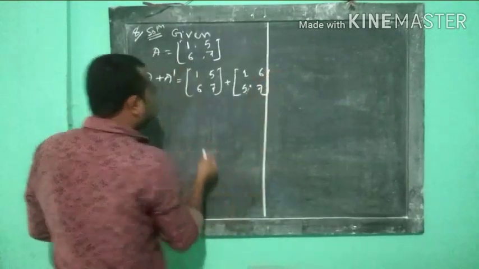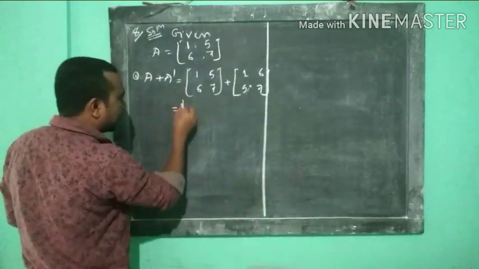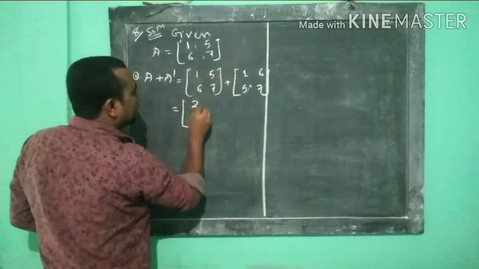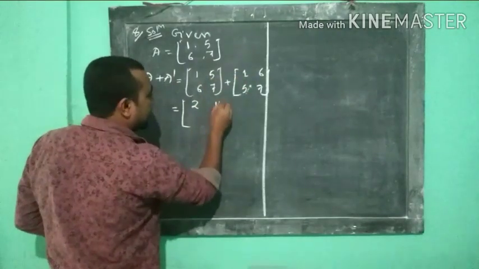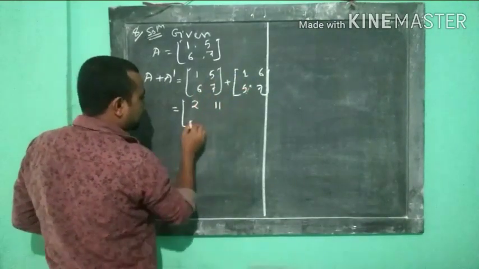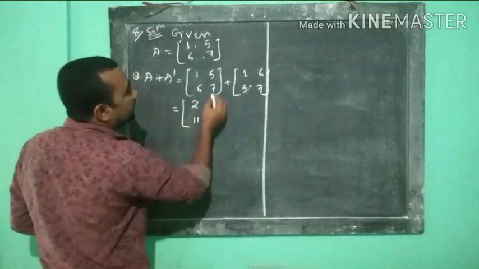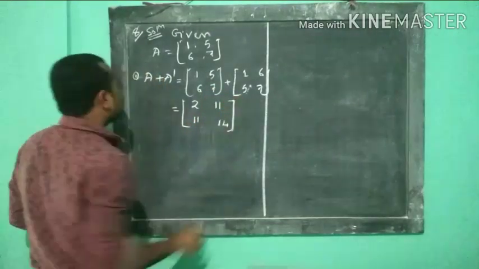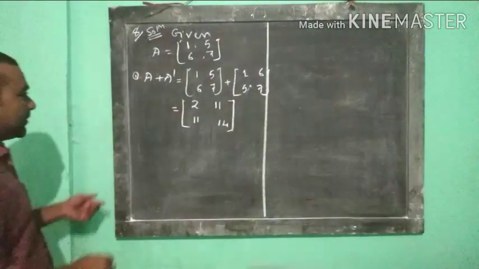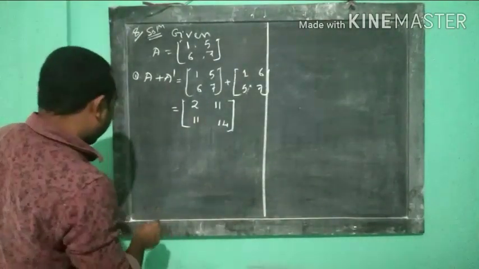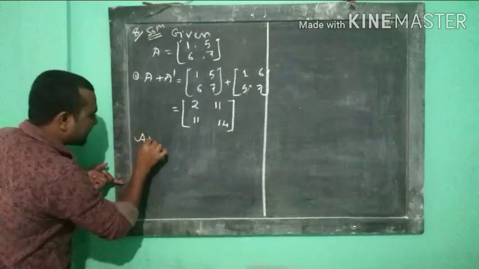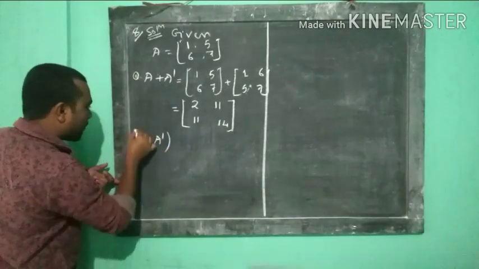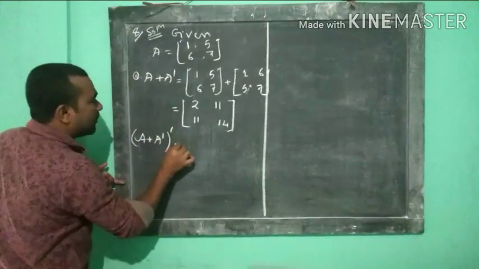If we add these two, then what do we get? 1 plus 1 is 2, 5 plus 6 is 11, 6 plus 5 is 11, 7 plus 7 is 14. This is A plus A transpose. Now, A plus A transpose, whole transpose, equal to what?